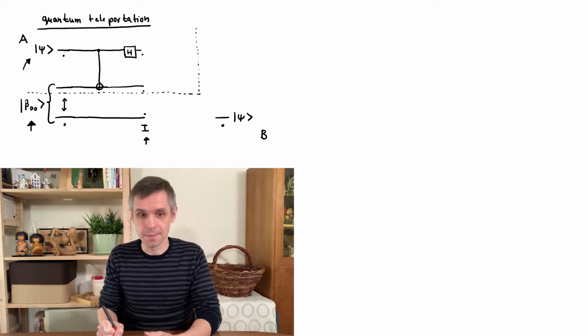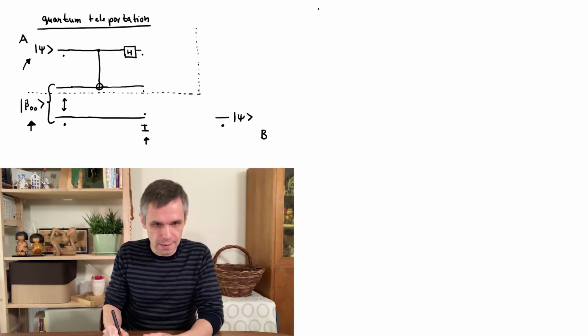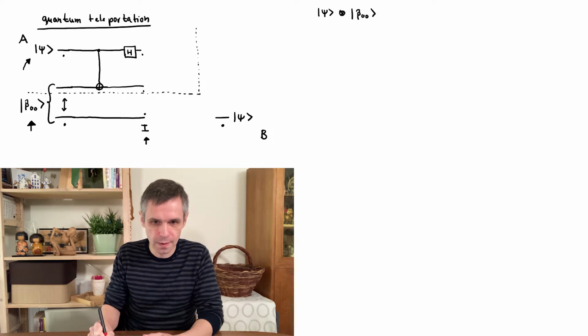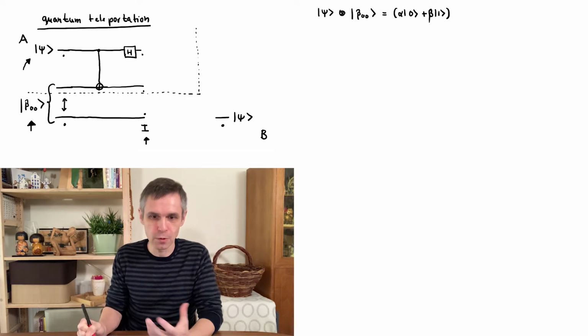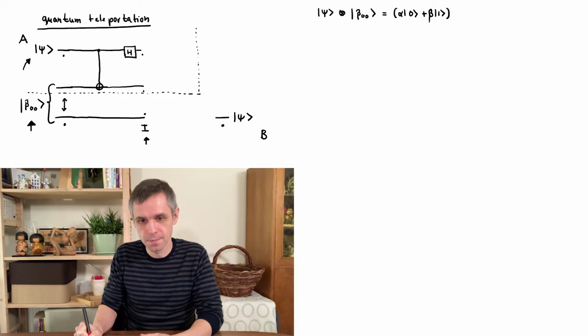Well, we need to start with the initial state, and this is the state psi for our first qubit, and the Bell pair beta 00 for the other two qubits. And the first qubit we are generally going to write as this superposition here, just with arbitrary coefficients alpha and beta.